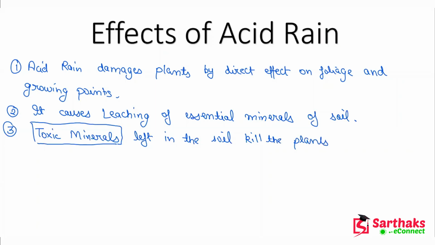About 50% of natural forests have been destroyed by acid rain, because this rain is so acidic and has such a bad impact on plants that it destroys the forests.